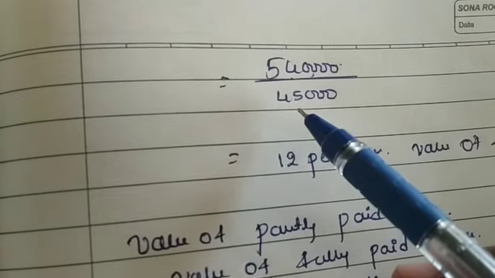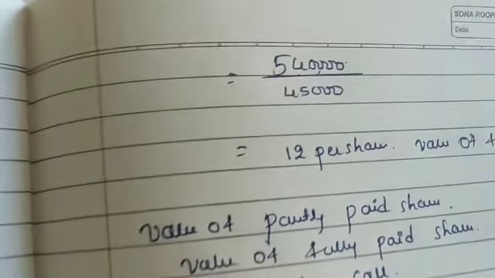Here the net assets available to equity shareholders is 5,40,000, and the number of equity shares is 45,000, because there are two types of shares, 20,000 and 25,000. Simplifying, we get 12 per share as the value of a fully paid share.